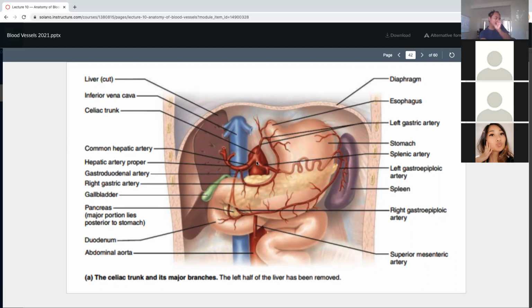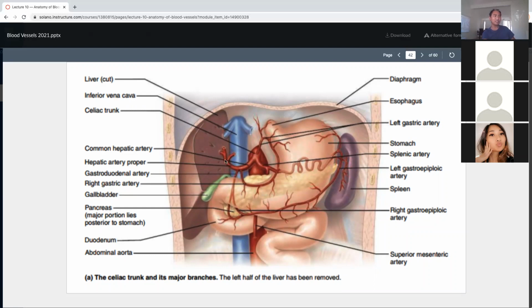So look at the size of this celiac trunk. Once it perforates the diaphragm, it becomes a big branch and gives supply to every important structure in the upper abdomen. From our knowledge of the 9 regions of the abdomen, in the hypochondrium we have the liver.